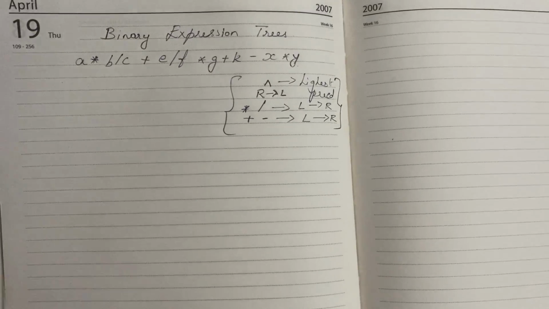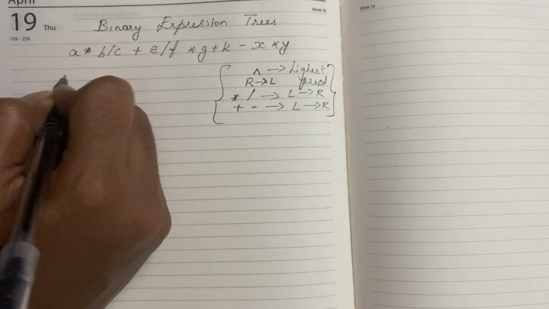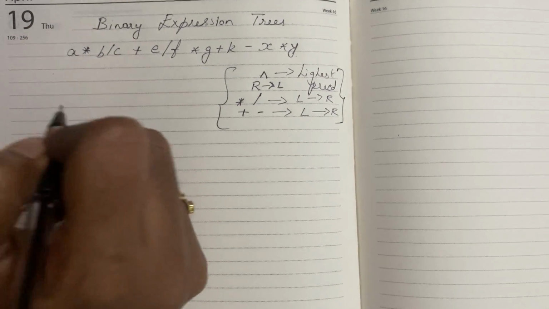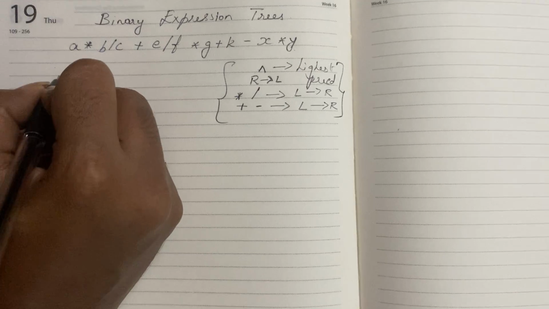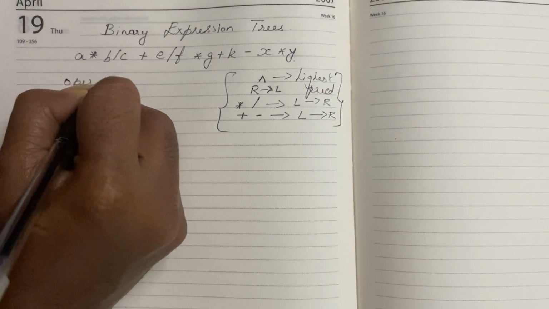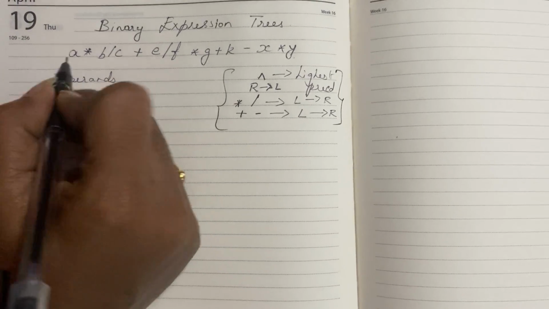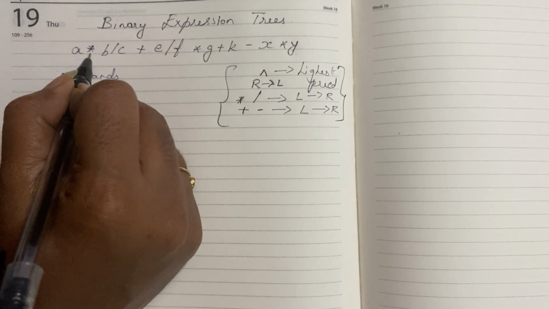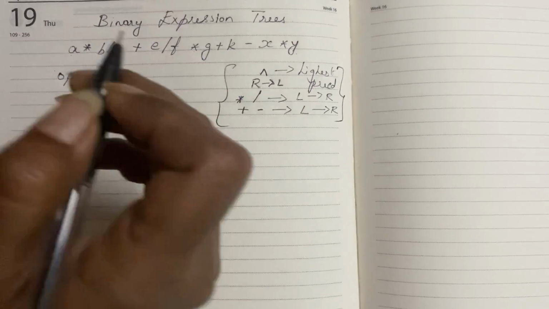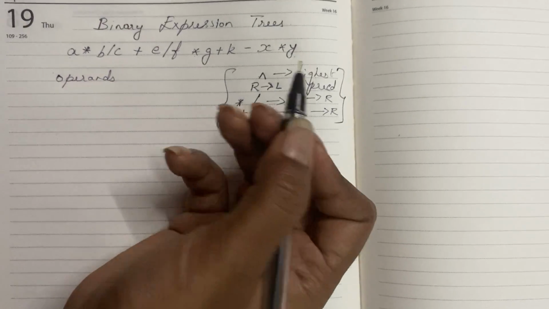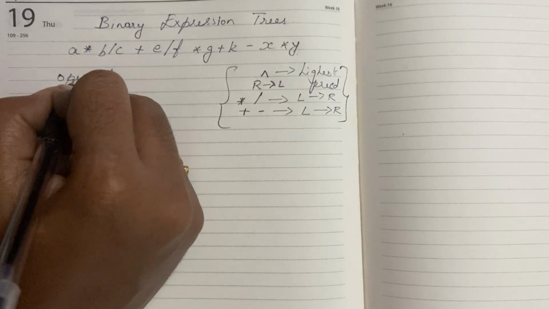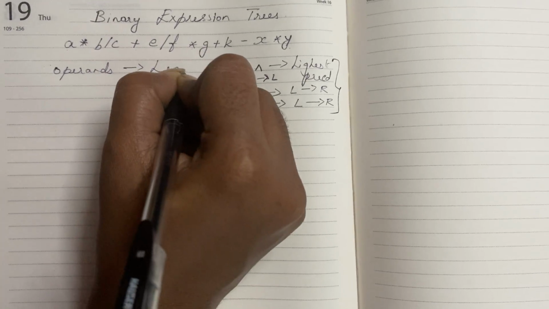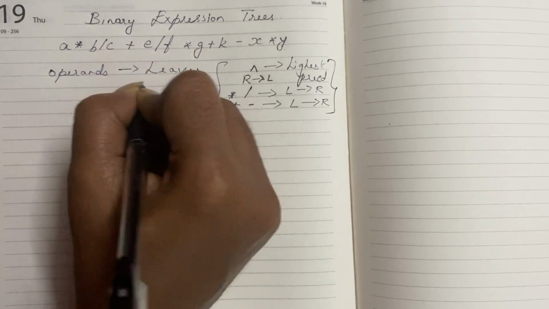Okay, we have one more thing to remember when you are going to solve these binary expression trees. What are your operands? A, B, C, E, F, all these are operands, and the operators are the symbols plus, minus, multiplication, division. Operands have to be stored at the leaves of the tree.